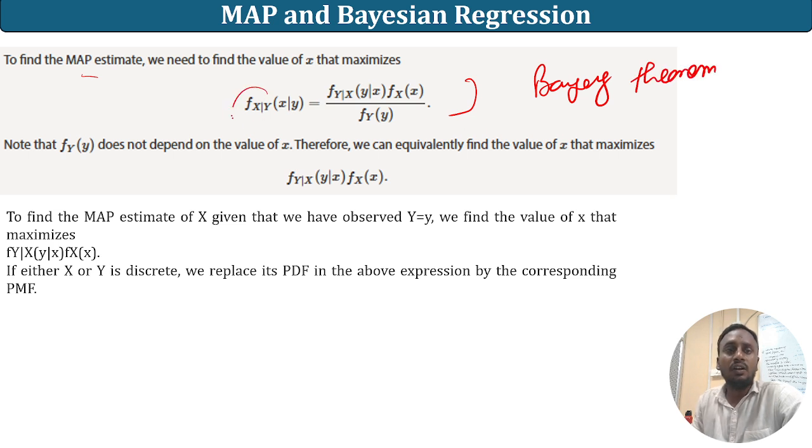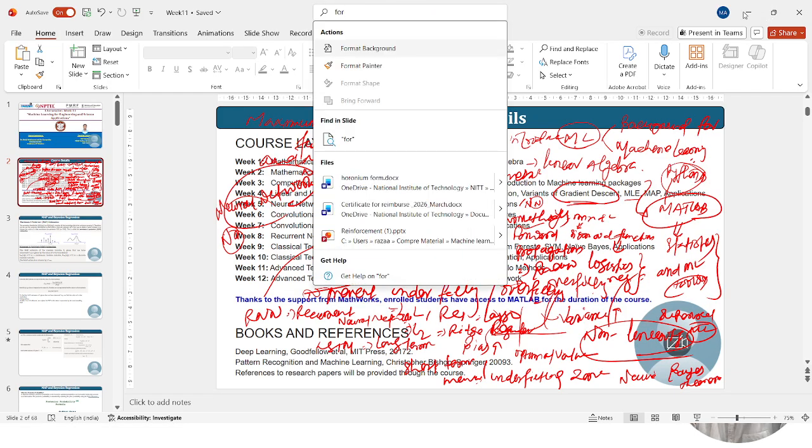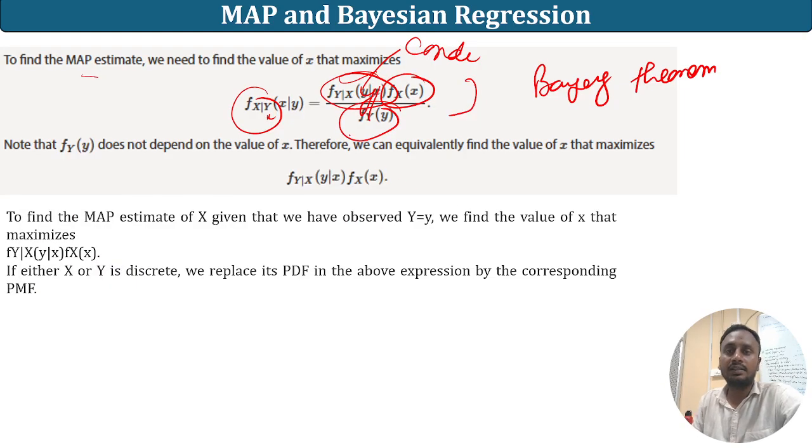The probability of x given y: we have to calculate y given x, f of x, which is already given, and f of y. Then we know all the values. It's a conditional probability.